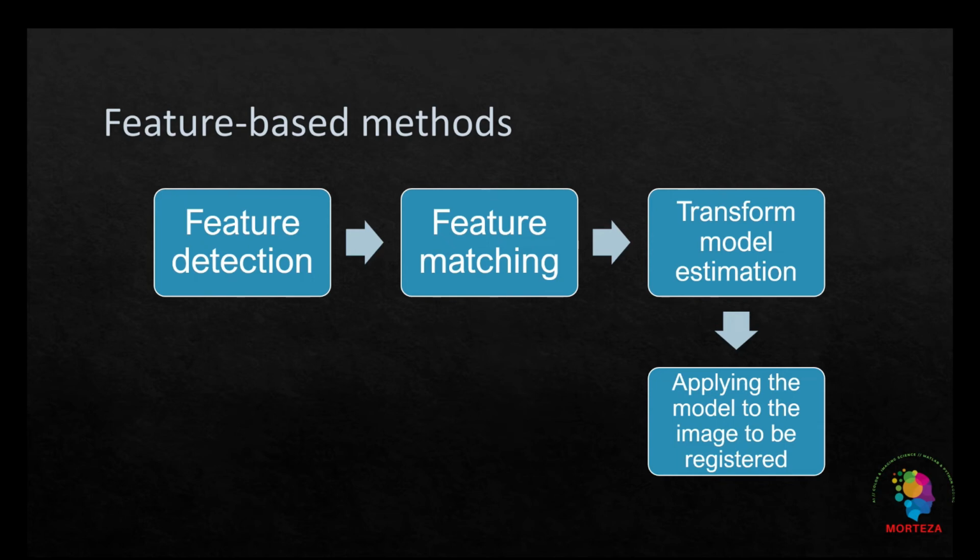Third is the transform model estimation, in which a mapping function is estimated transforming the test image to the reference one using the matched up features between the images. Using this approach, features from the test and reference images with the most similar invariant descriptions are paired as the corresponding ones.